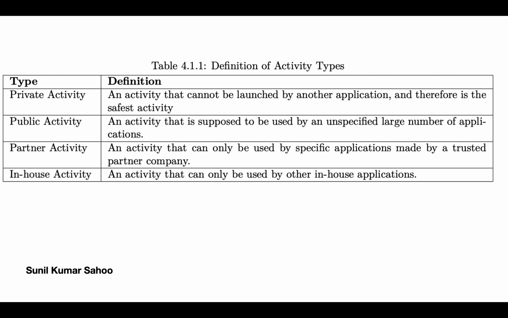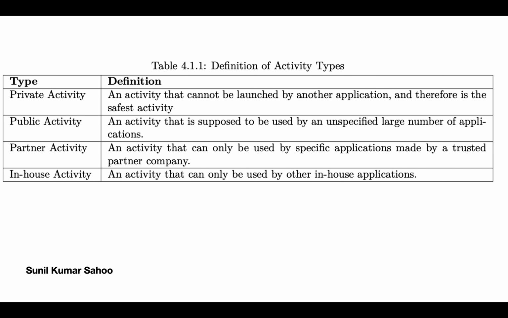Before that, let's understand what the different types of activity are. One is private activity. Private activity is an activity which cannot be launched by other applications. That means it can be used only by your application.